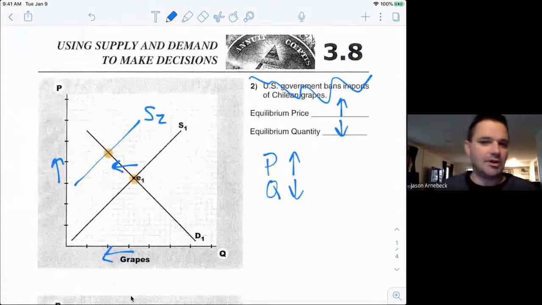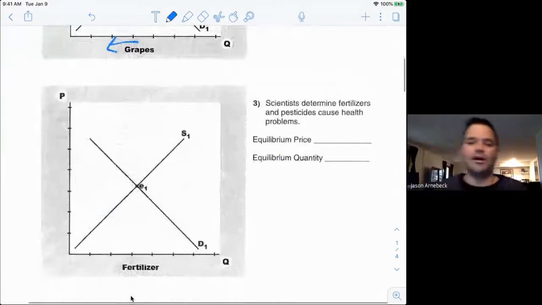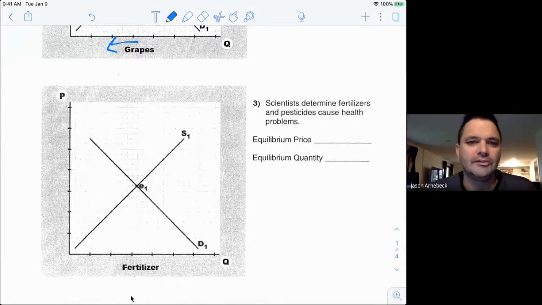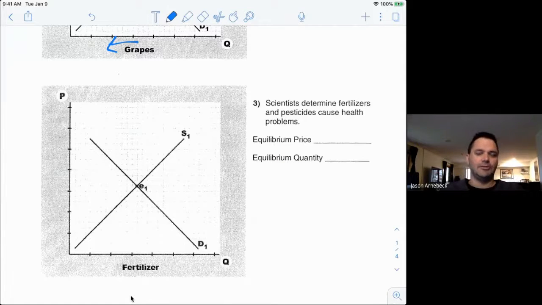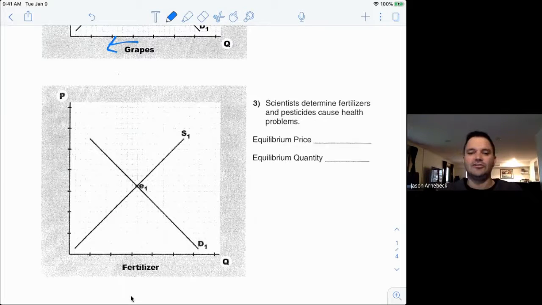Now on this assignment, when I corrected it, many of you drew only supply curve shifts when you were given these events. There were some events that were demand curve shifts, and so you may have lost a little bit of value by doing that. For example, number 3 says scientists determined that fertilizers and pesticides cause health problems. The fact that that study came out didn't change the cost to produce fertilizer at all.